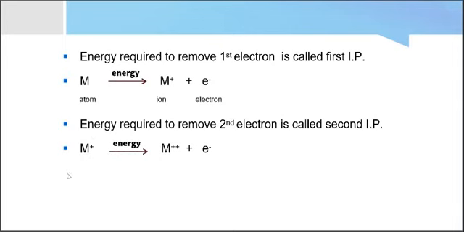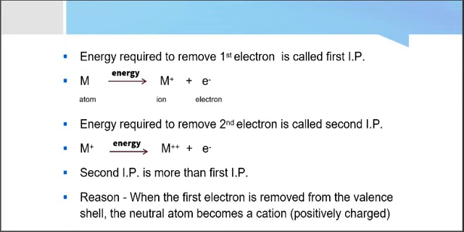Since we have already removed one electron from the atom, it is already an ion. We are removing one more electron from it, so it will become doubly charged. We need more energy to remove the second electron than the energy required to remove the first electron. So the second IP is always greater than the first IP.